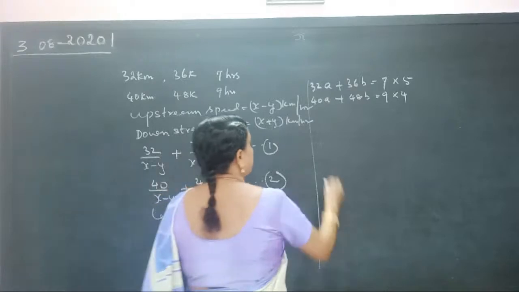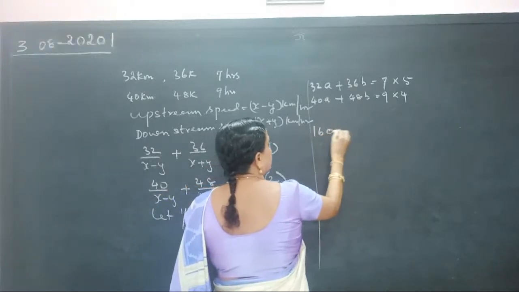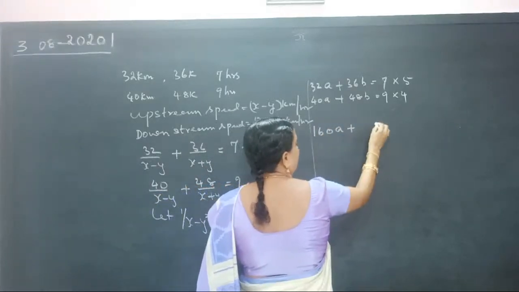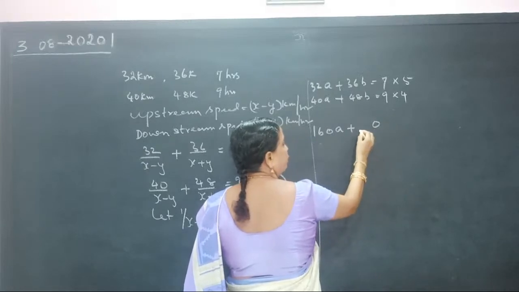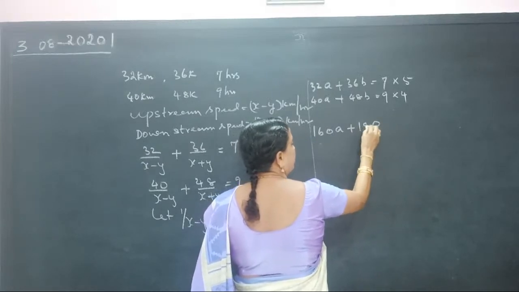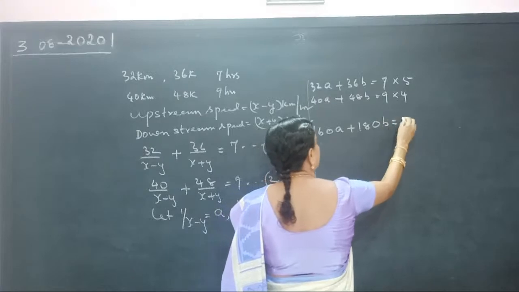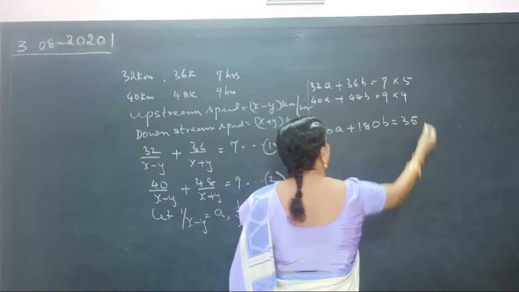So the equation becomes 160a plus 5 6s are 30, 5 3s are 15 plus 3, 180b equals 7 5s are 35.